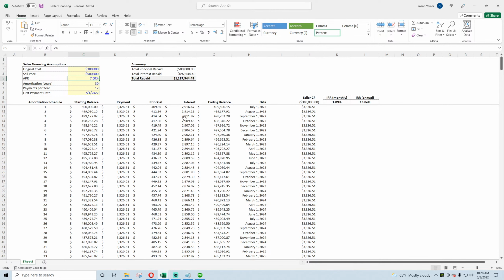And that would change the payment. So for example, let's see, 10%. I'm just guessing, and there's a way to solve for this, I believe, but I'm just trying to get a concept out here.